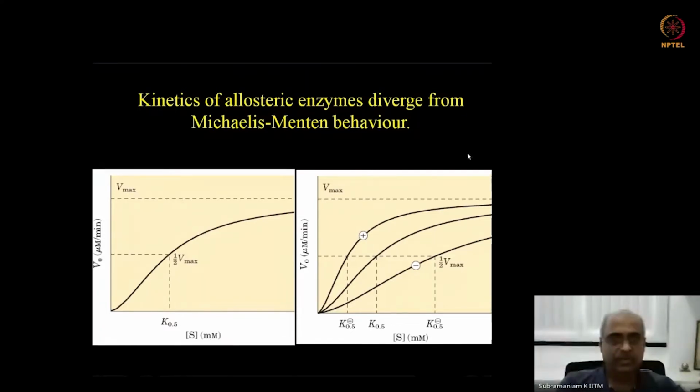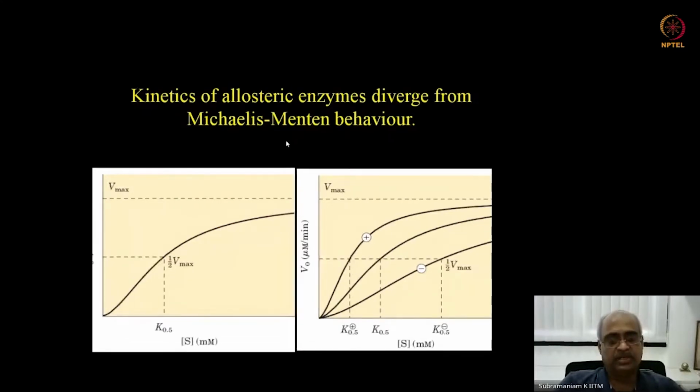So today we'll briefly look at the kinetics of allosteric enzymes, and then we'll go into other ways of regulation of enzymes. Since you have a positive cooperativity situation, where binding of substrate to one of the subunits, remember allosteric enzymes are usually multi-subunit enzymes, activates binding of substrates to the active sites of other subunits as well.